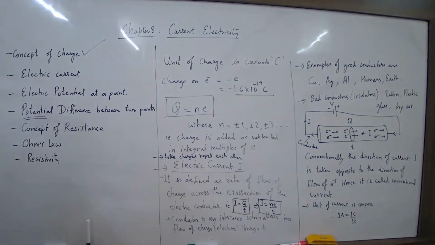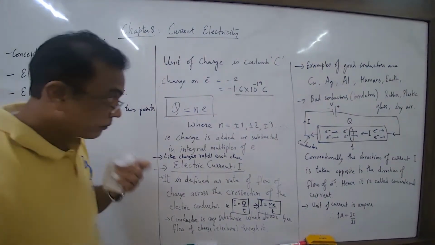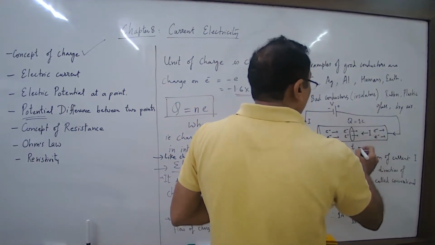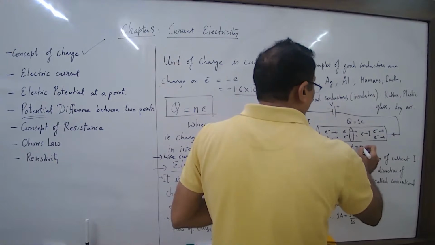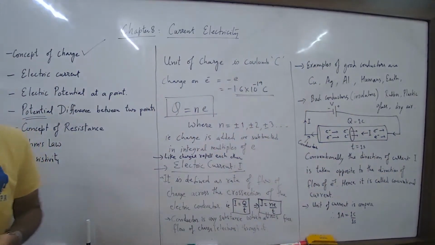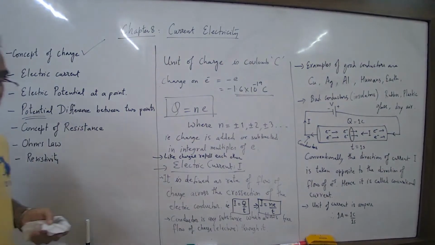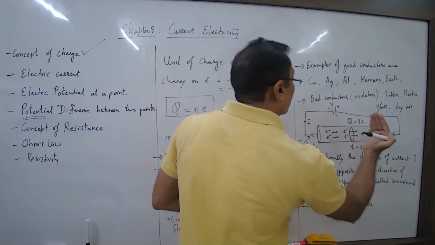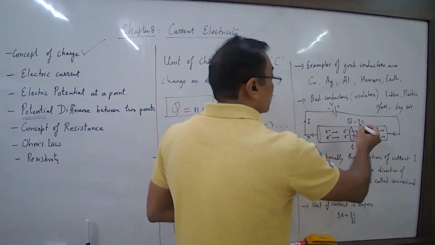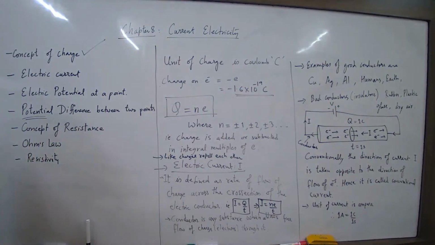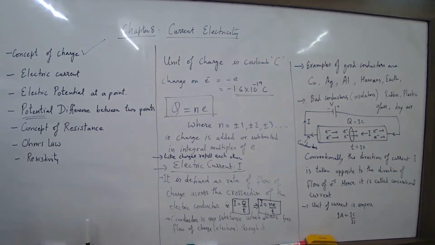When 1 coulomb of charge passes through the cross section in 1 second, we say that the current is 1 ampere. Okay? Meaning, this circle that you see, when you cut the wire through that circle, if 1 coulomb of charge passes in 1 second, then we say the current is 1 ampere. Got it?